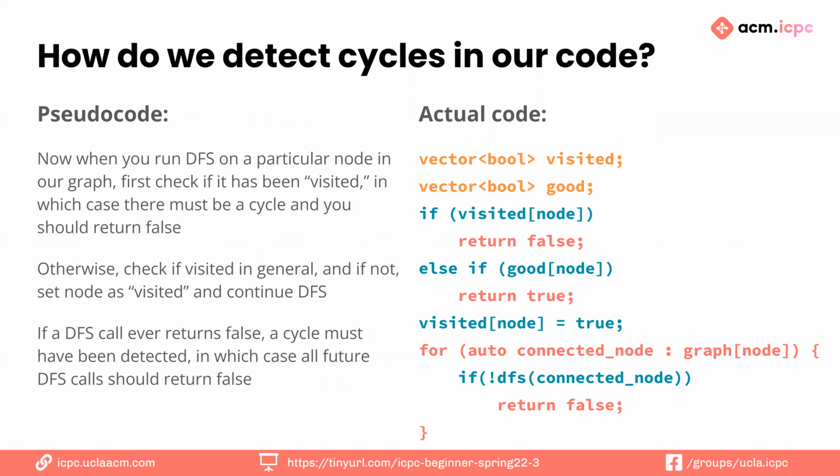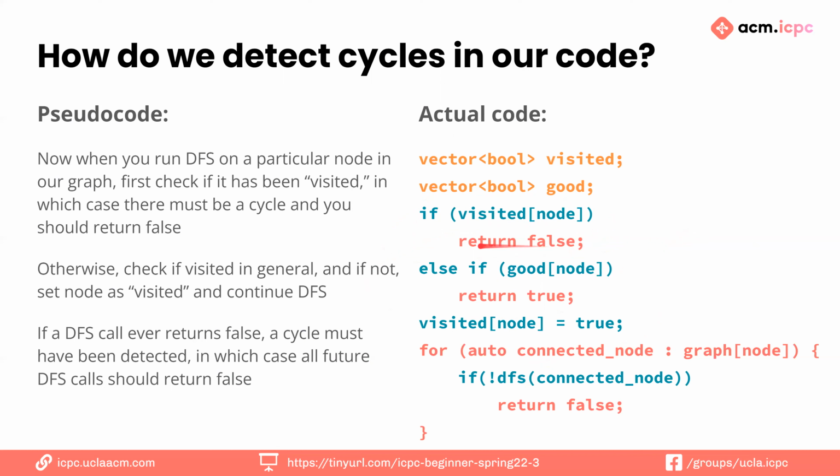And to implement that, it's pretty simple. It's almost the same as before, except we use two Boolean vectors to keep track of both visited and good. If we get to a visited node, we return false. That means there is a cycle.